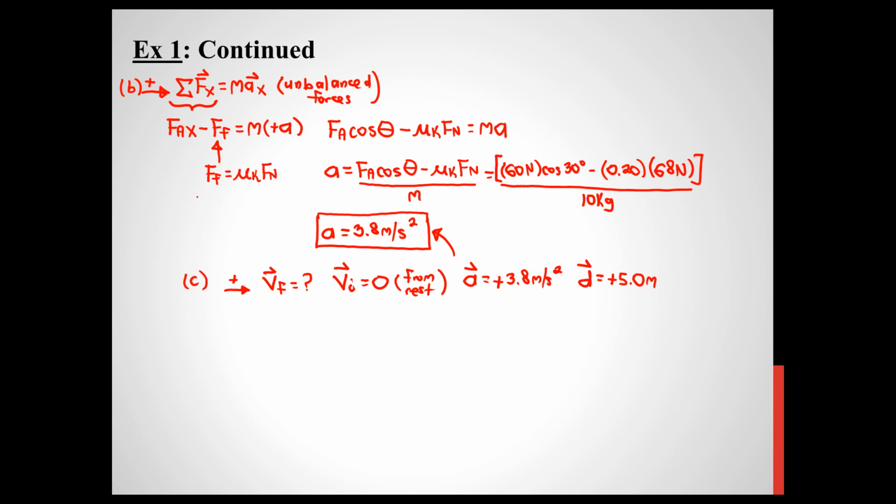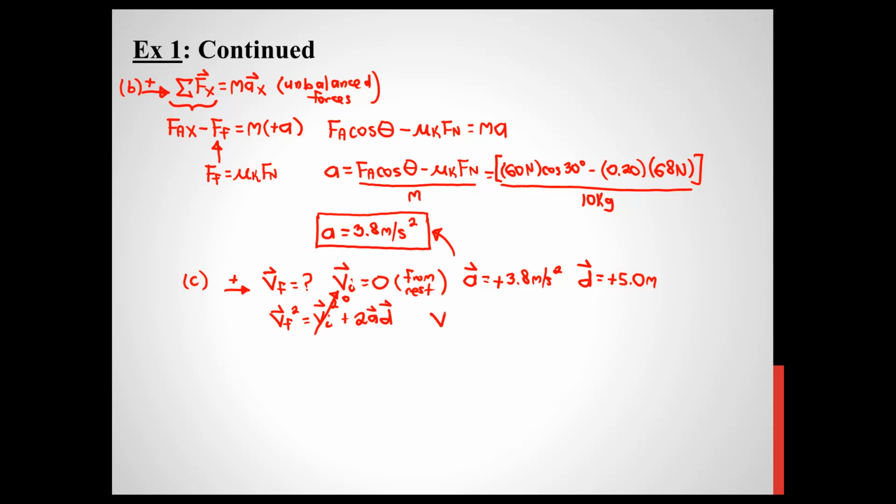The equation I'm going to use to calculate this is Vf squared is equal to Vi squared plus 2ad. Vi is 0. Let's get rid of that term right away. Don't have to worry about it.